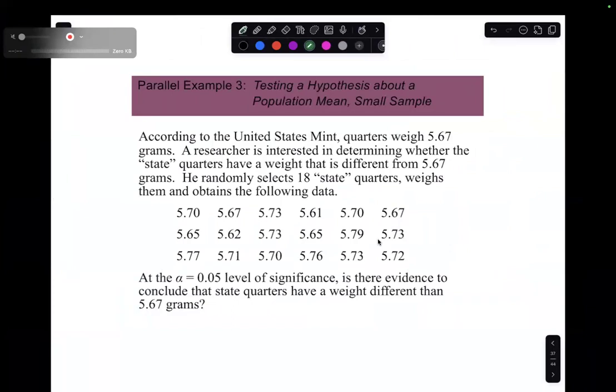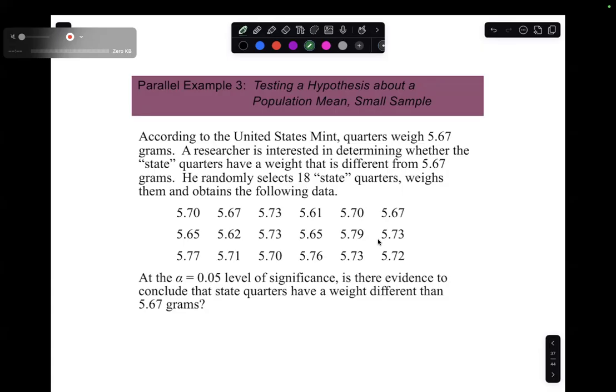So what they did was they took the quarter weight and they're like, you know what, I'm going to take those state quarters. You guys remember those state quarters that have all the different states on them? And this researcher thinks that it's going to have a different weight. They think that the state quarters are different and that they're going to have a different weight. And so that's what the hypothesis is.